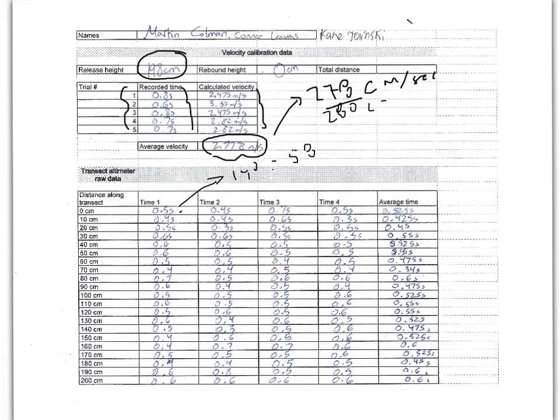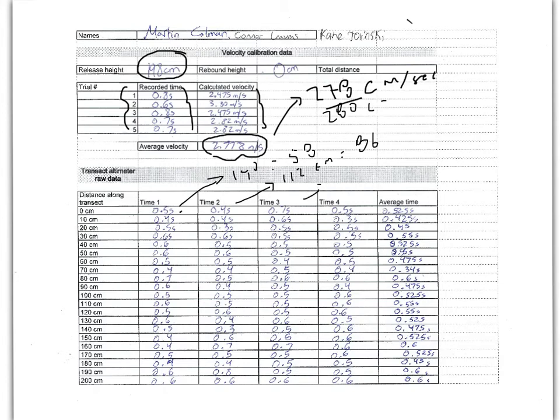You can do the same thing with the second measurement. A 0.4 second drop would mean that the ping pong ball fell 112 centimeters, which is 86 centimeters less than that total length.